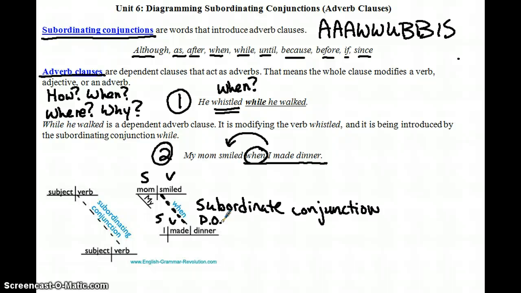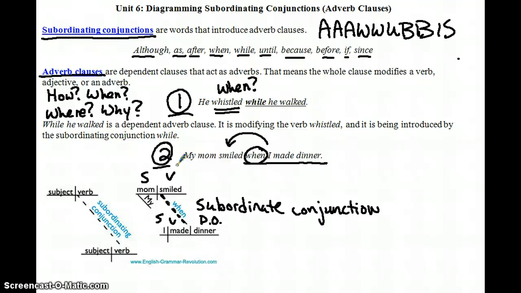First, before we move on to the examples, I should point out that both 1 and 2 show that the subordinate clause is second. That's not always going to be the case. Sometimes that subordinate clause will be introductory, meaning it'll start with the AWUBIS word. I can say, for example, while he walked, comma, he whistled.